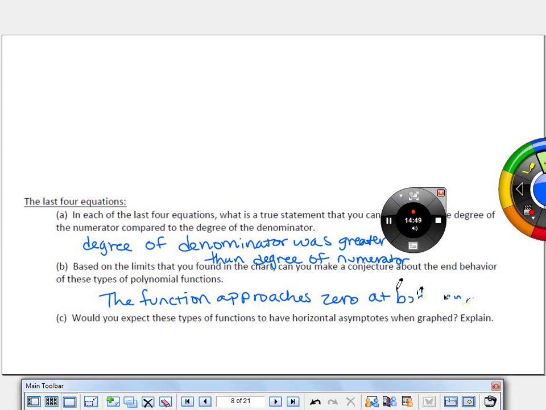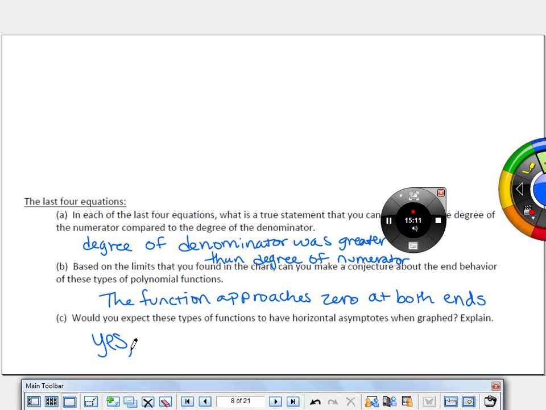All right, so somebody tell me, if I lay in front of you an equation where the degree of the denominator is bigger than the degree of the numerator, would you expect to be marking and labeling a horizontal asymptote on your graph of this function? Yeah. Okay, so I see some people shaking their heads. Yes.